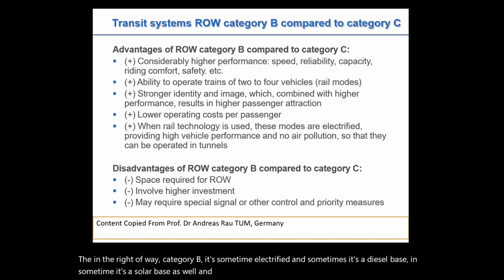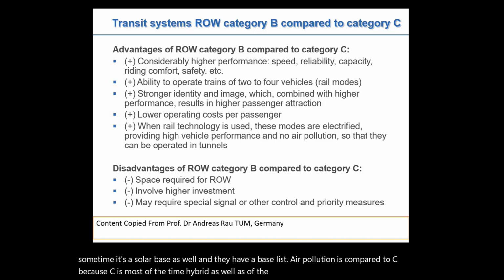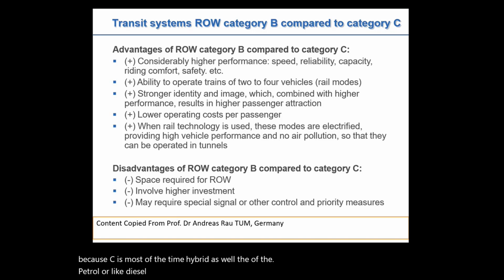And they have less air pollution compared to C, because C is most of the time hybrid, or petrol or diesel. And because of longer delays, it emits a lot of CO2 as well.